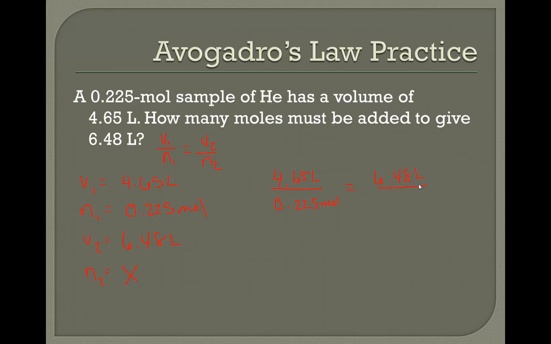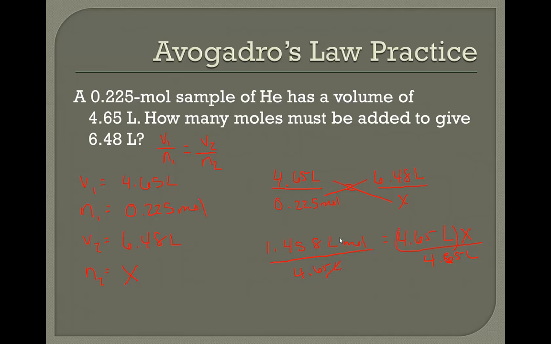That comes out to be 1.458 liters times moles is equal to 4.65 liters times X. Divide both sides by 4.65. Those cancel.